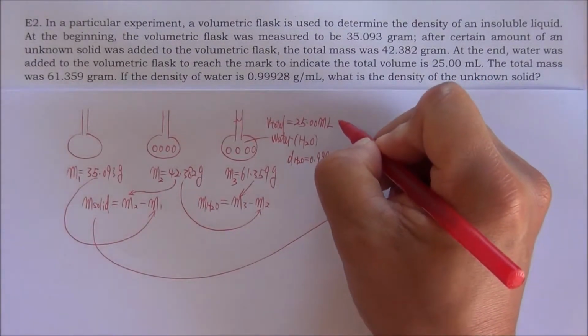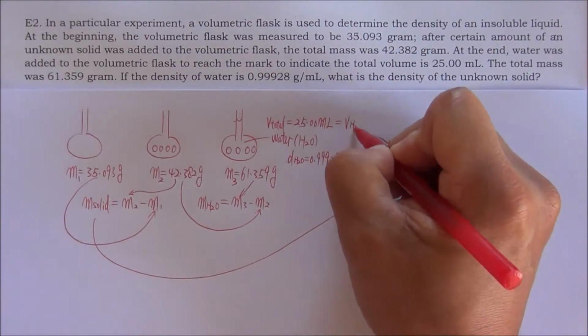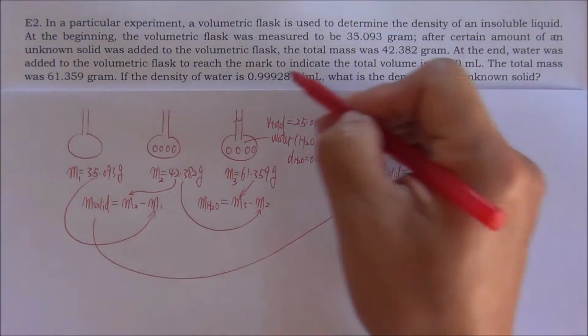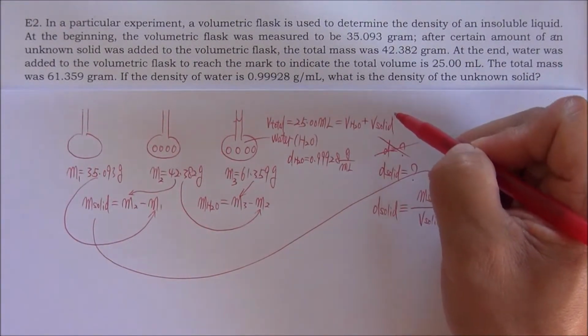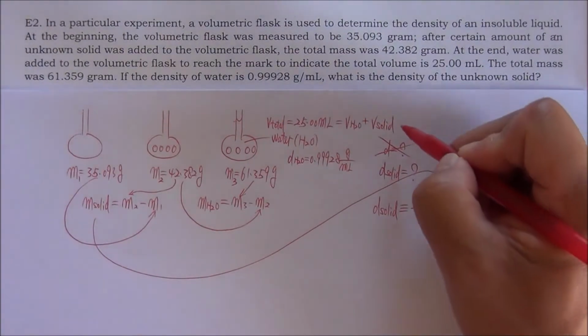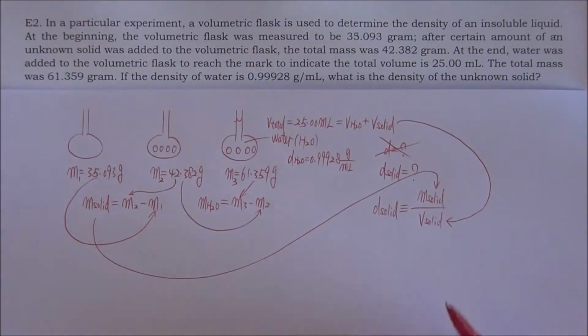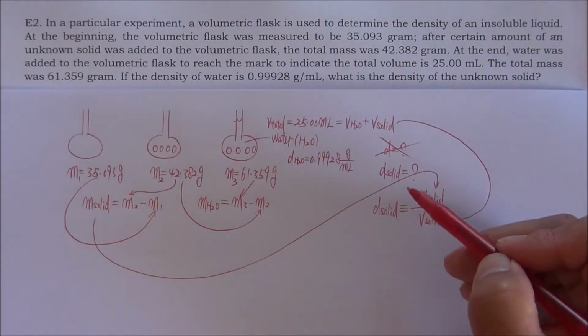Let's put this down. Although it may not be useful, we will put this down. At least this relationship includes the volume of the solid. If we can find the volume of the solid, then we can calculate the density of the solid.